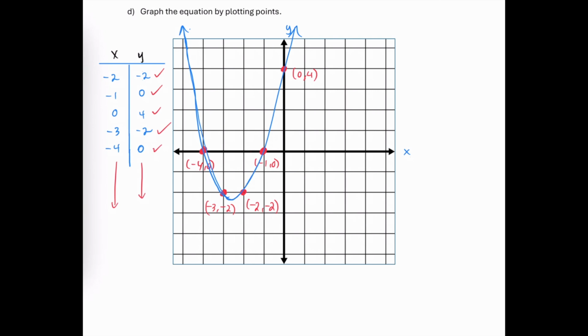So the graph of a two-variable equation is simply the collection of all of the infinitely many ordered pair solutions that are going to give us true statements when we plug those points into the equation. And because there's infinitely many of them, they're so close together, we actually don't see any space in between, and that's what gives us the graph itself.